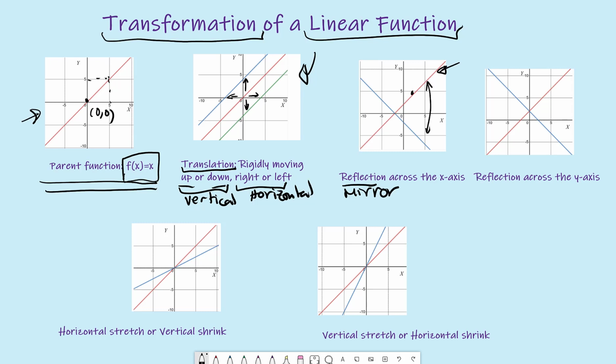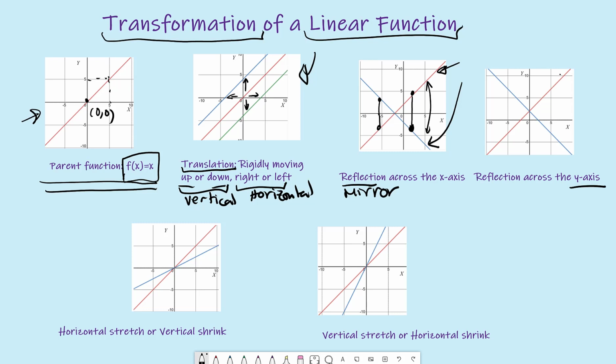Every point that is above the x-axis now goes below the x-axis at the same distance from the x-axis, and you can see this happens also on this side for the negative x's. So we're taking this red graph line and turning it into this blue one by reflecting across the x-axis. We can also reflect across the y-axis, as you can see on these graphs.